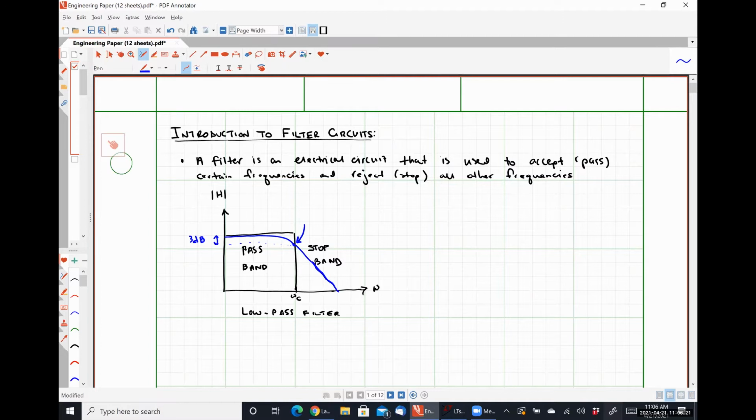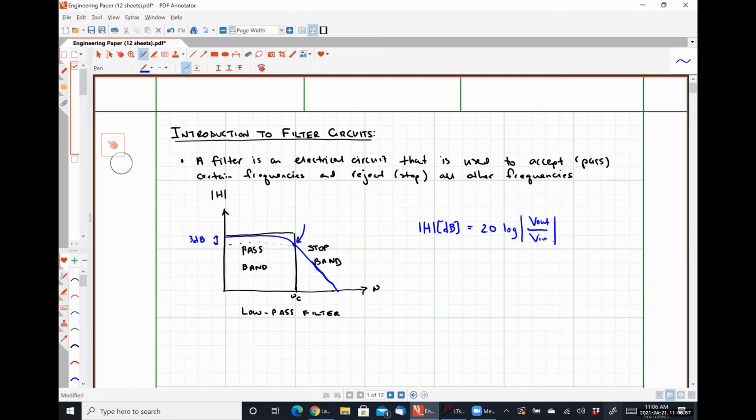The magnitude in decibels, H measured in dB, is equal to 20 log of V out over V in. So our transfer function is a measure of the voltage gain of the system. It just depends on frequency. So this is what our low pass filter does.